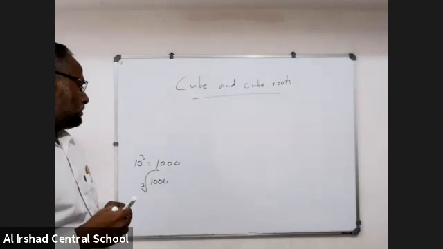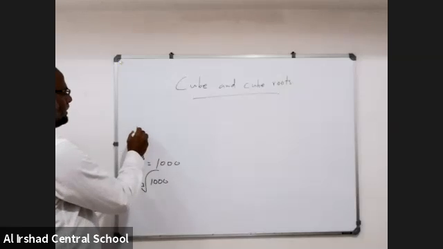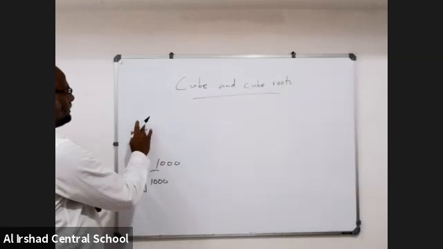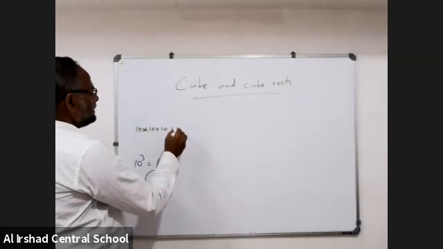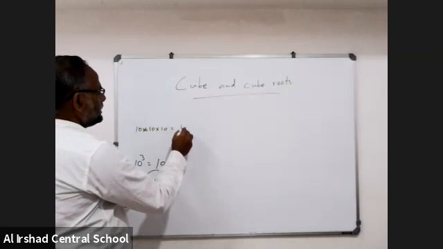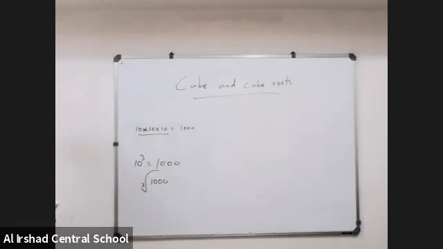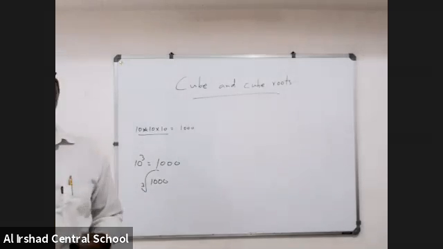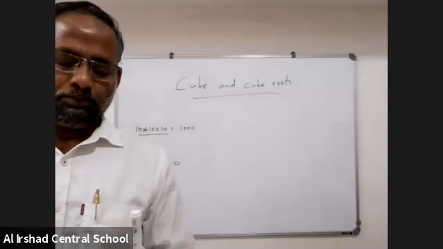So 10 cube is equal to 1000. That means 10 into 10 into 10, that is 1000. 3 times. Cube root means multiply a number by itself, how many times? 3 times.